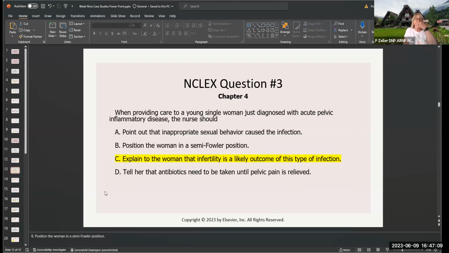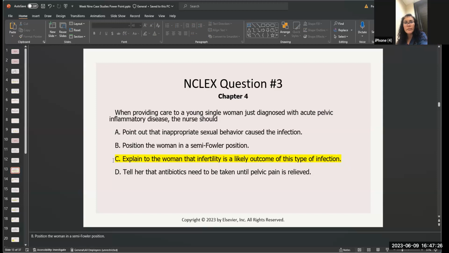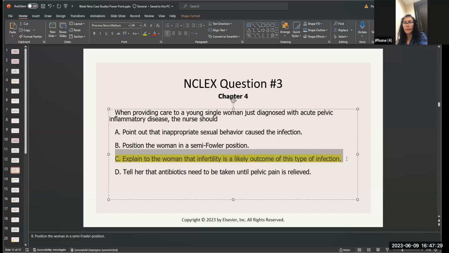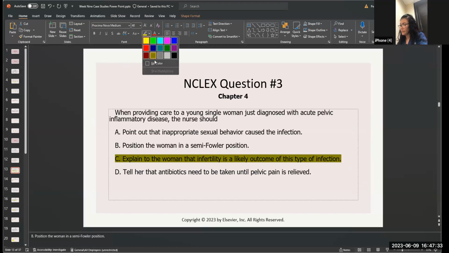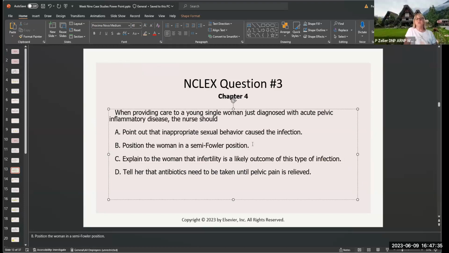Okay. When providing care to a young single woman just diagnosed with acute pelvic inflammatory disease, your book says to position the woman in the semi-Fowler's position.